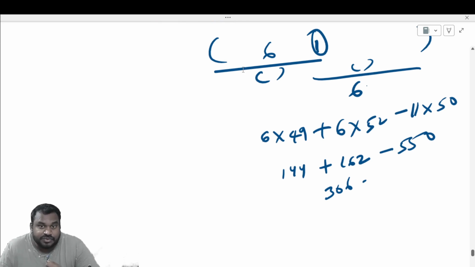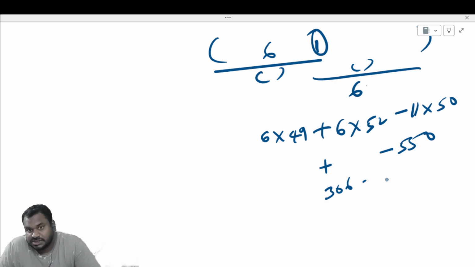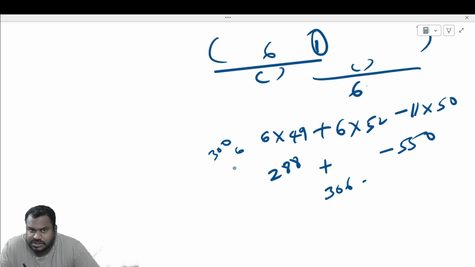49 into 6 is not 144. See, 49 into 3 is 144. It is 6, so 144 into 2. 300 minus 6, so 294.